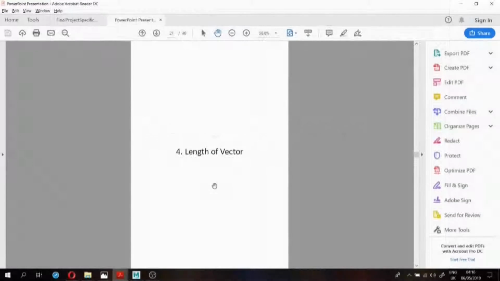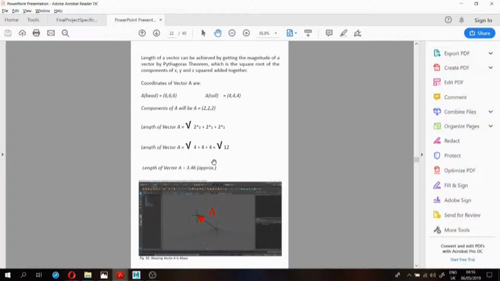The next thing is the length of a vector. The length of a vector can be achieved by getting the magnitude of a vector by the Pythagoras theorem, which is the square root of the components x, y, and z squared and added together. Consider a vector which has coordinates of this A, which is the head, and the tail of this vector is 4, 4, 4. The components of A will be 2, 2, 2.